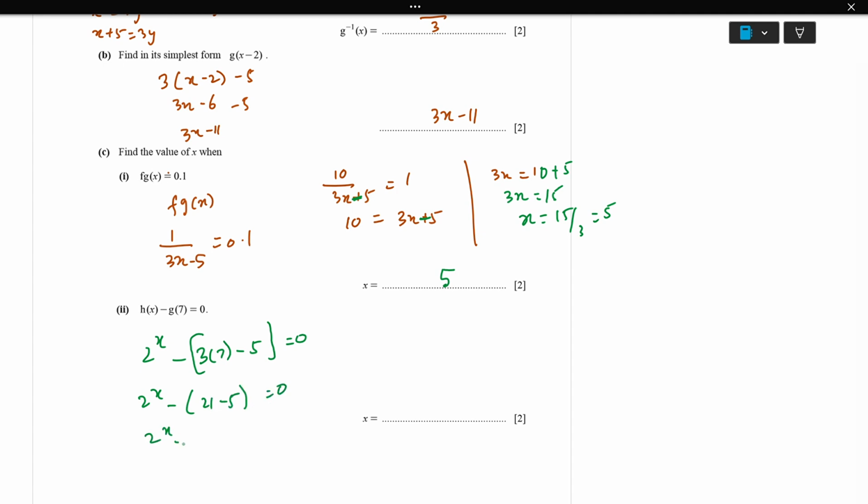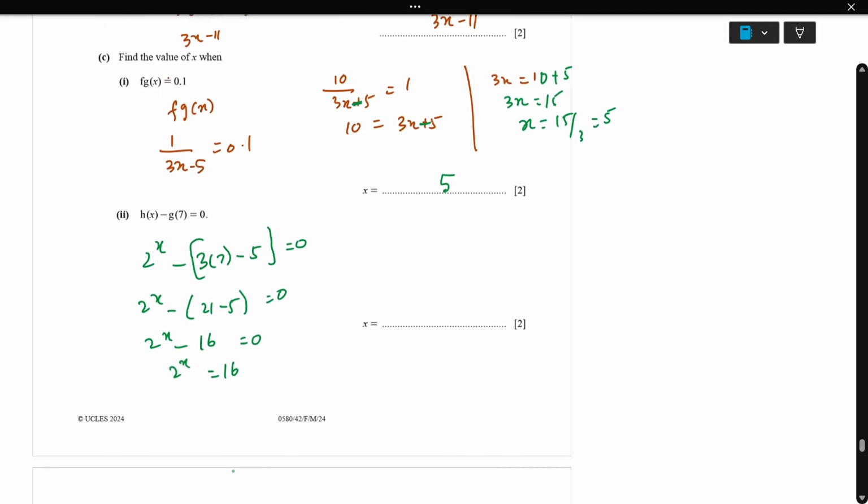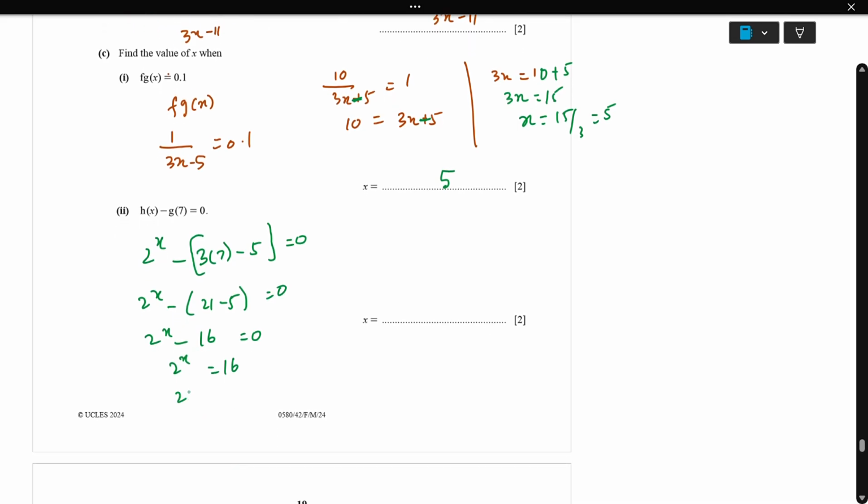So 2 power x minus 21 minus 5 equals 0. So 2 power x minus 16 equals 0. So 2 power x equals 16. 2 power x, I can write 2 power 4. So comparing both sides, x equals 4.